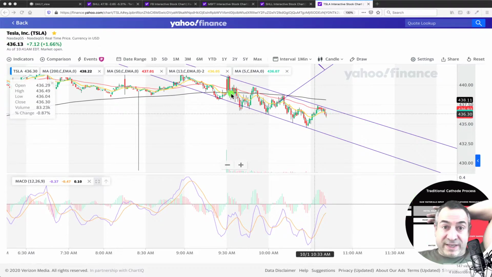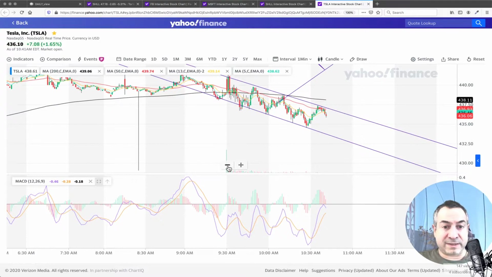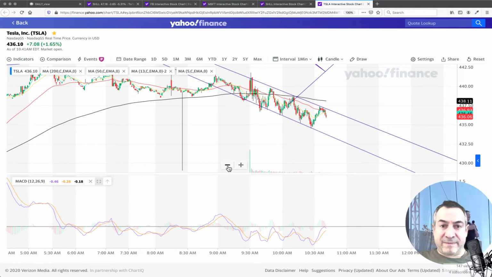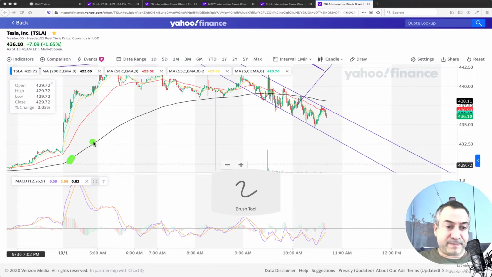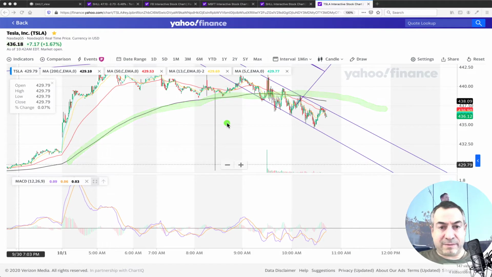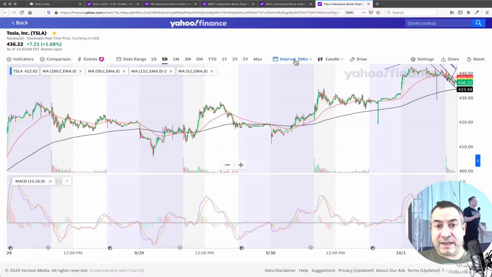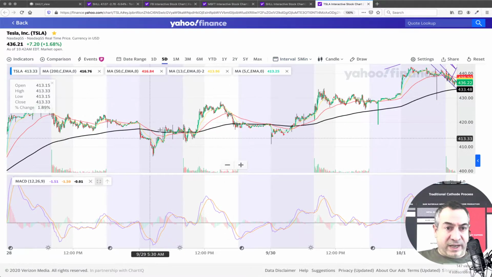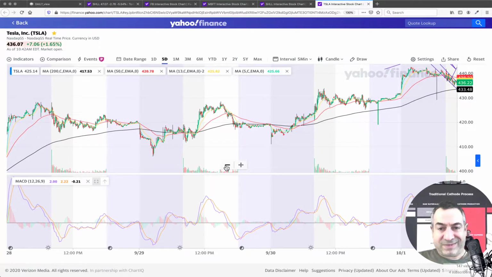Given today's rally, already we were up a bit more than 2% in pre-market. And given that the 200 moving average is doing a parabola, most of the times, if we analyze back on Tesla in the 5-day 5-minute chart, when we have a parabola, then normally it tends to go up.